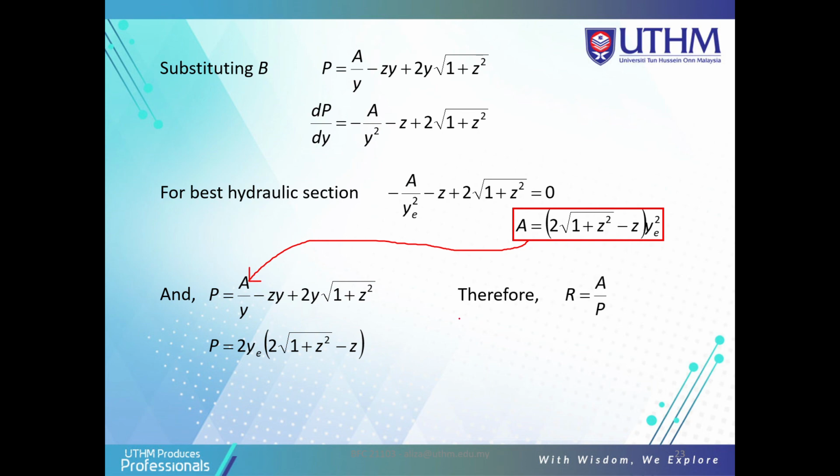Therefore R is equal to A over P. So you put back the 2 and you get R is Y E over 2. So you get that the trapezoidal is the best hydraulic section from the formula of trapezoidal. You just change to the best hydraulic section until you get R here.